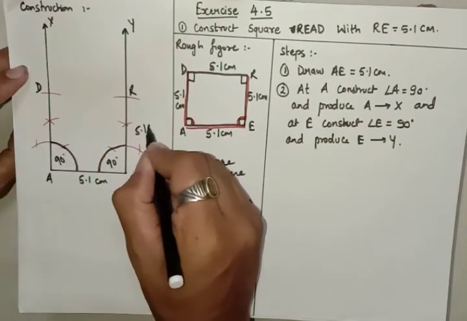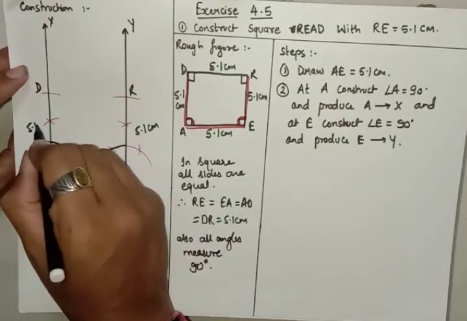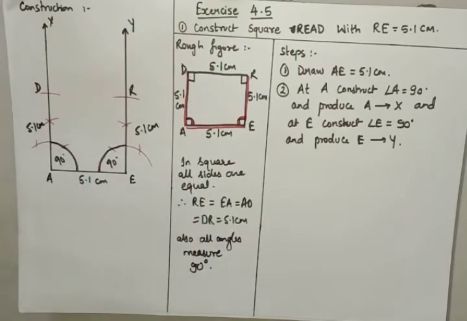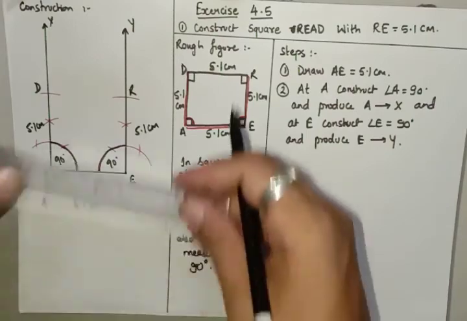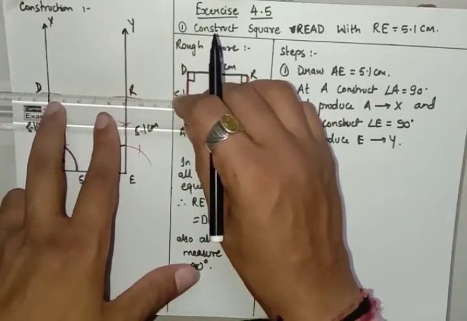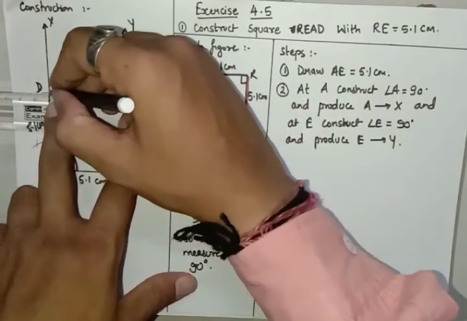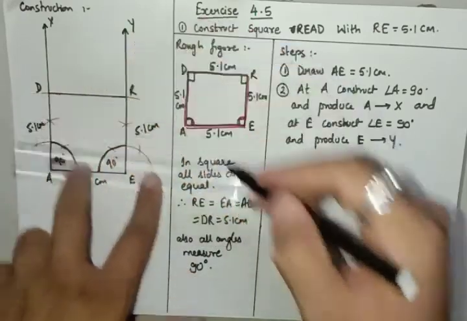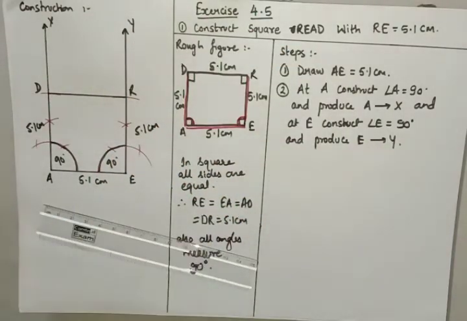This is of 5.1 centimeter, this is also of 5.1 centimeter. Now I have to join this DR to get my quadrilateral square, right? So this is it. We have a square here.